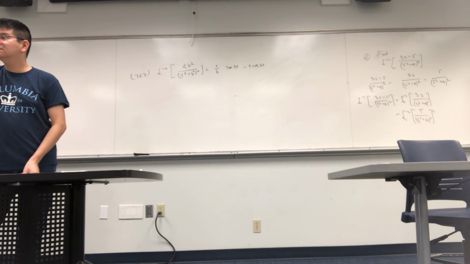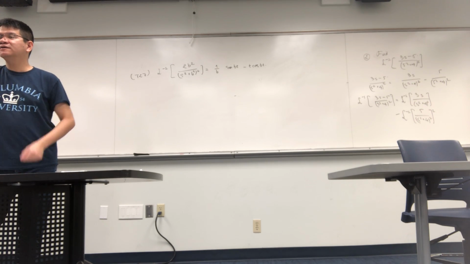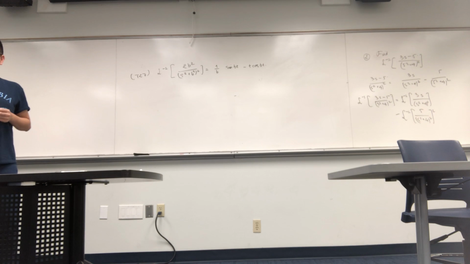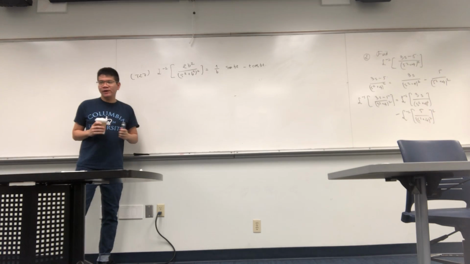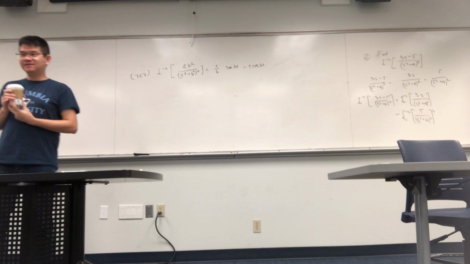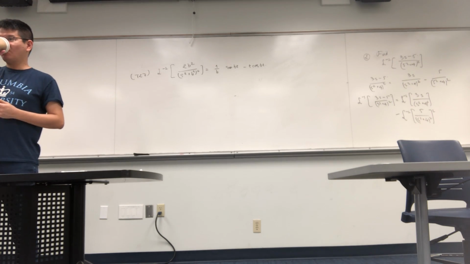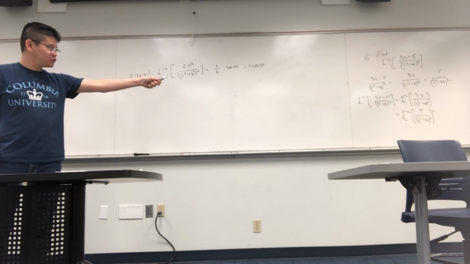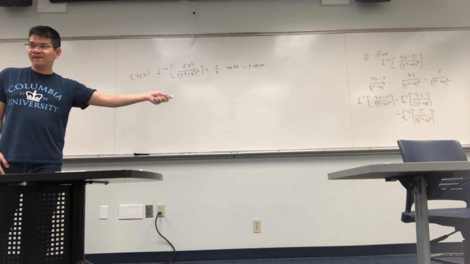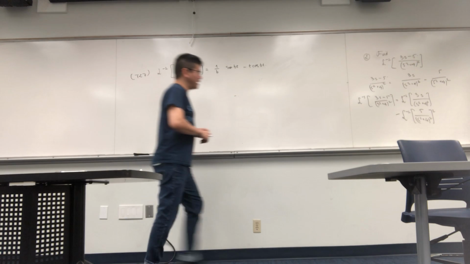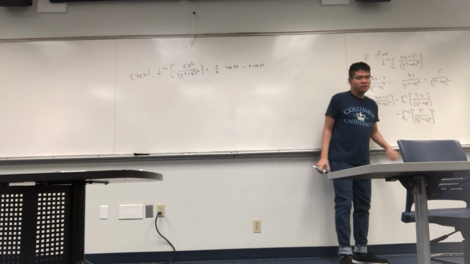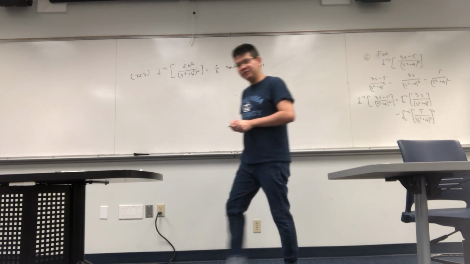So the first thing that we use is T27. So where can we apply T27? Which term is it? Among the two terms that I have here, which term can I use T27 on?